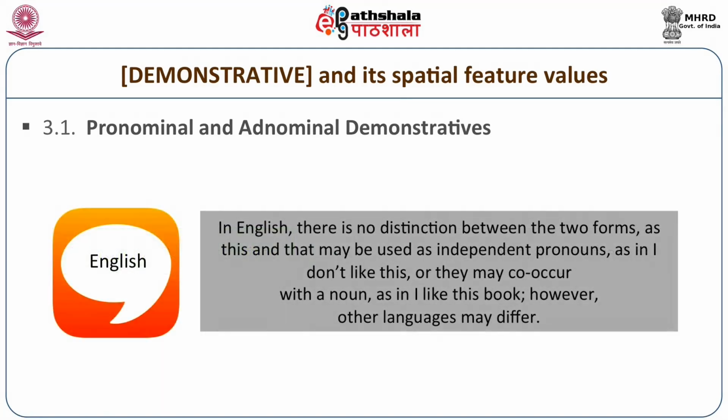In English, there is no distinction between these two forms, as this and that may be used as independent pronouns, that is, as pronominal demonstratives. So, if I say I don't like this, I'm using this as a pronominal demonstrative. Or it can co-occur with a noun, as in I like this book, in which case it's an adnominal demonstrative.